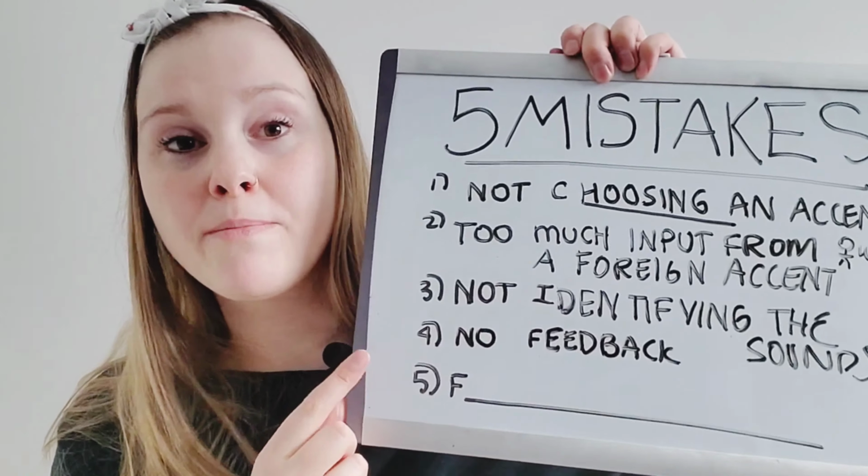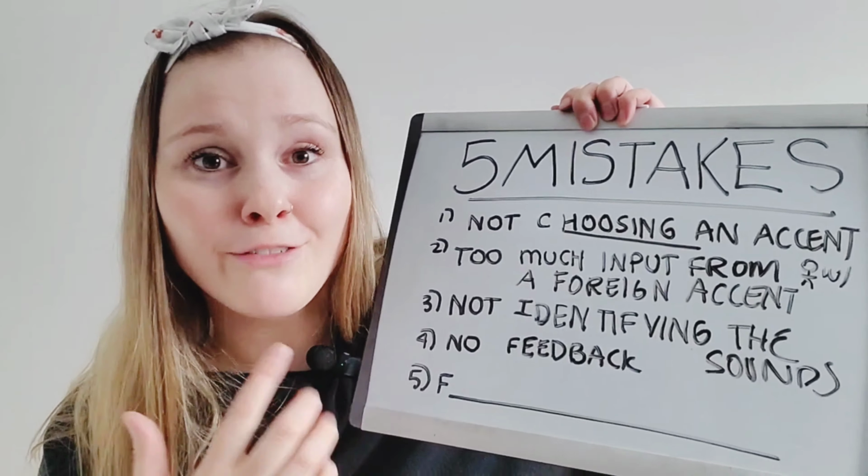So instead of saying this, you say dis, then you're going to target that sound, work on it, practice, and then you are going to get feedback from a native speaker or someone who is qualified to give you feedback. And they're going to be able to tell you, oh, yes, you can correctly pronounce it now, or no, you still need to work on it. Because if you continue to practice and you think you're pronouncing it correctly, but you're not, you're adopting that incorrect sound into your accent. So the 4th mistake is not getting feedback from the right people.